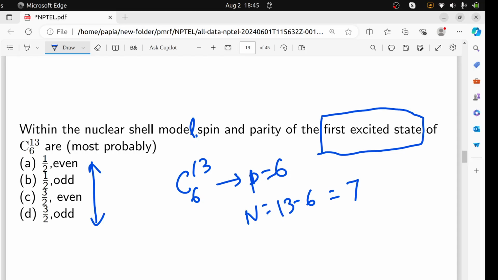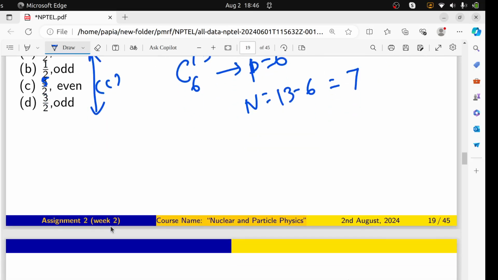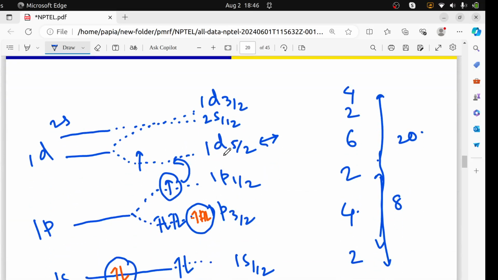Last year there was a mistake, so I just put that one blindly, sorry for that. So there will be a 5/2 and then even. Okay, so option C will be there. I hope you can understand why it is coming as 5/2, because it is coming in the higher level.